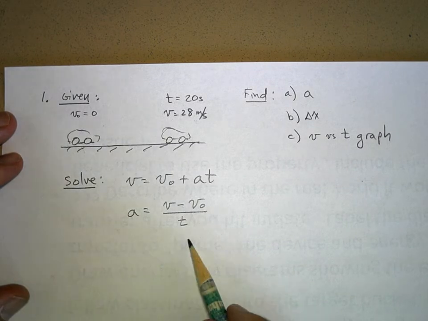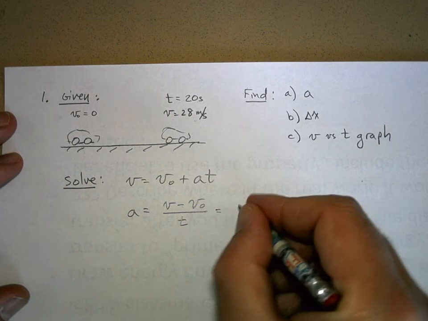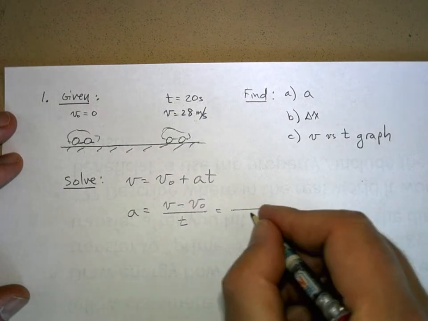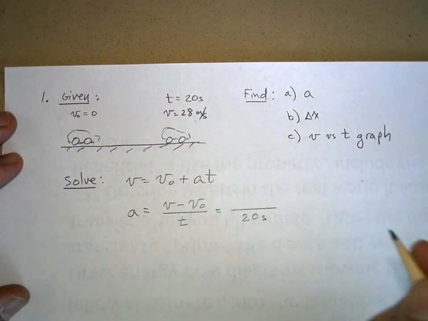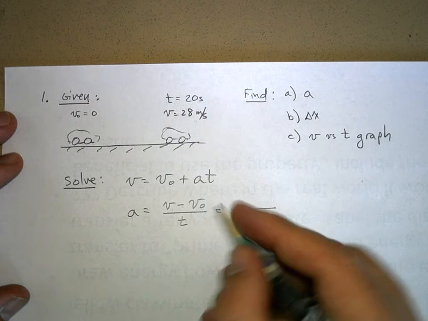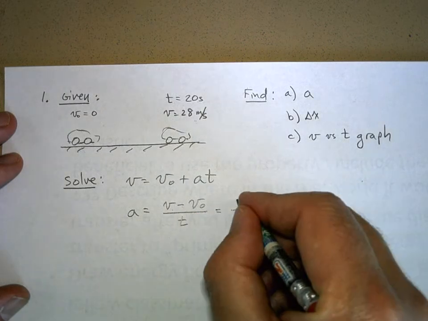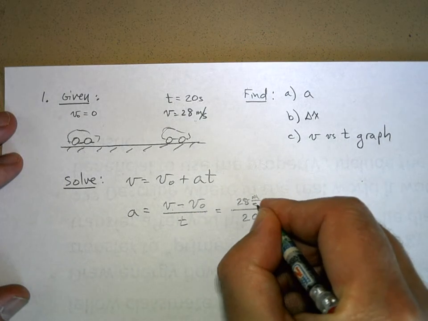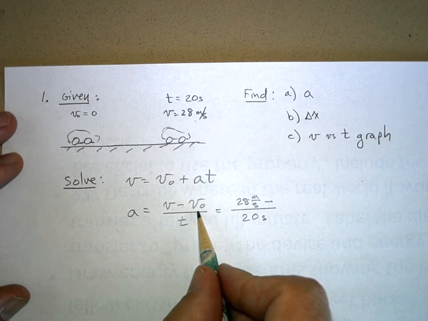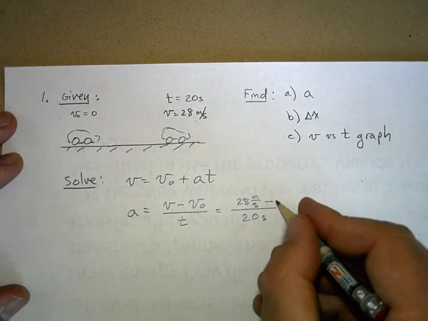How much time went by? What's our delta t? 20 seconds. And then v, the final velocity, was given to be 28 meters per second minus my initial velocity, which is given to be 0.